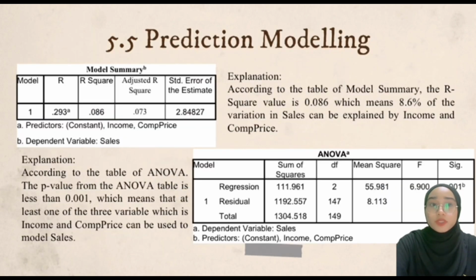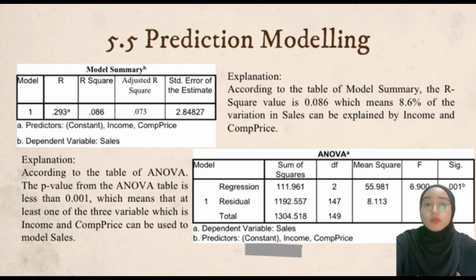5.5 Prediction modeling. So this is the table for the model summary and the ANOVA. According to the table of model summary, the R square value is 0.086, which means 8.6% of the variation in sales can be explained by income and comprise.